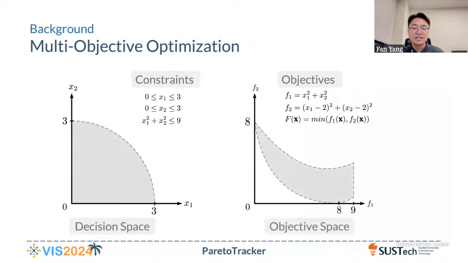Notably, there are some outstanding solutions on the left bottom column. For these solutions, there's no solution better than them in all objectives, and we call these solutions Pareto optimal solutions. The set of all Pareto optimal solutions is called a Pareto front. Overall, solving a multi-objective optimization problem is equal to finding the Pareto front.